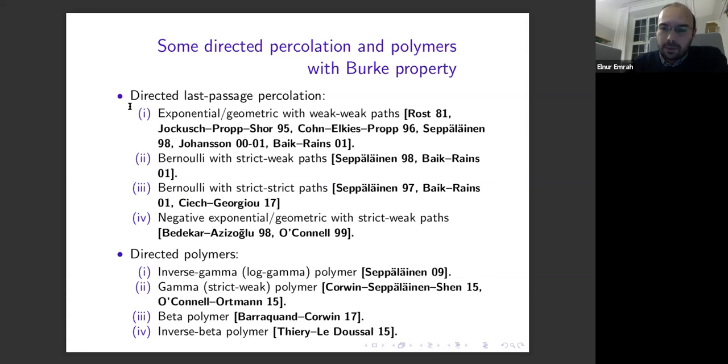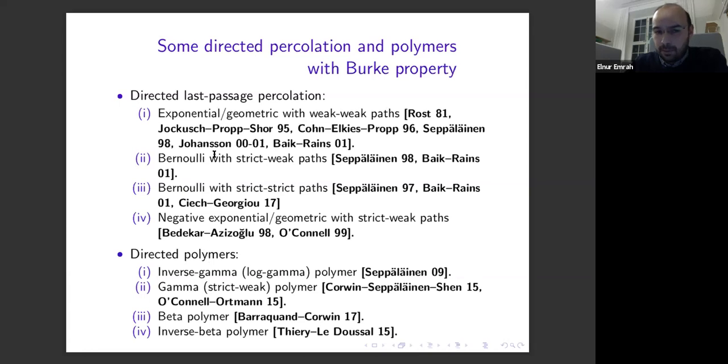Another reason is that, although integrable probability and random matrix theory provide powerful tools, some of these tools are either not available or not entirely developed in all of these settings. For example, the exponential model relates to the eigenvalue process of the Laguerre unitary ensemble, but such a connection is not present for the case of Bernoulli models, for instance.